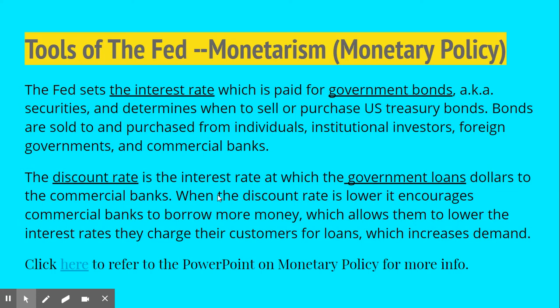When the discount rate is lowered, that encourages banks to borrow money, which allows them to lower the interest rates they charge their customers for loans, and that increases demand. In other words, that encourages people to borrow and spend money.